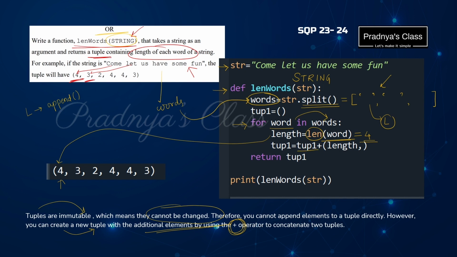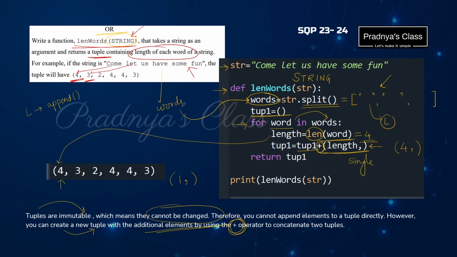So here is the empty tuple, tuple1, in which we need to add all the lengths. For that we have created a single element tuple. Look at the syntax. We create a single element tuple by writing the first element and specifying a comma. Same thing we are doing here. We are creating a single element tuple and concatenating it to tuple1.